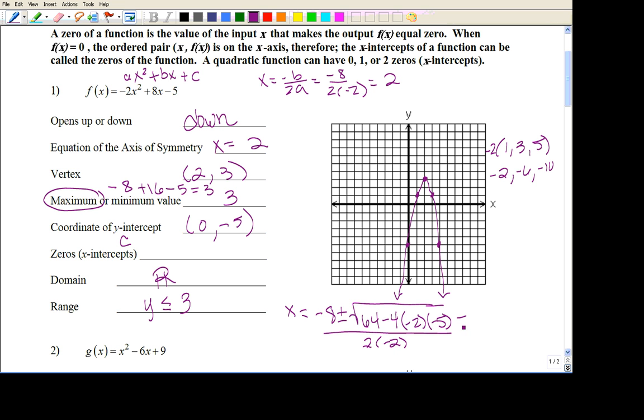So you'll end up with negative 8 plus or minus the square root of 24, which simplifies to 2 square roots of 6, all over negative 4.